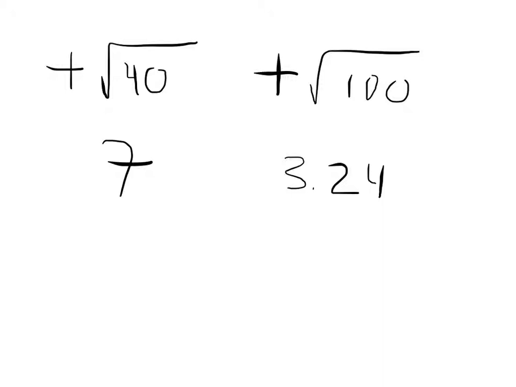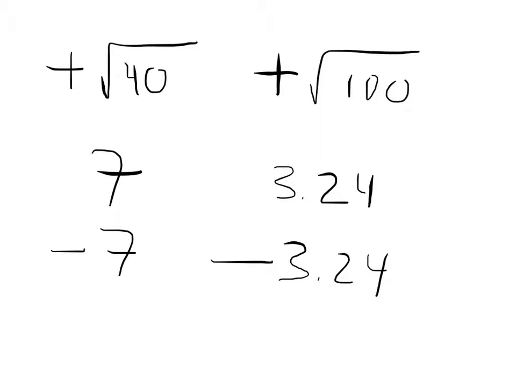If we want to talk about the opposite of 7, then we would write negative 7 or negative 3.24. So again, when I have root 40 or root 100, and I have nothing written in front of it, it means that it's positive.